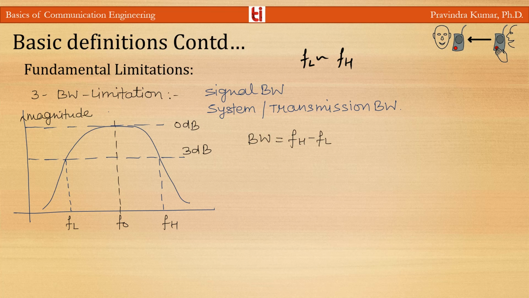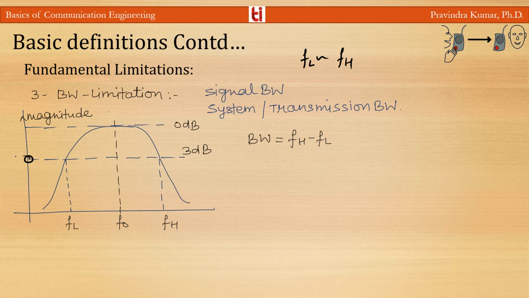So the bandwidth of any signal or system is the difference between the higher frequency component and the lower frequency component. And here is the 3 dB point.